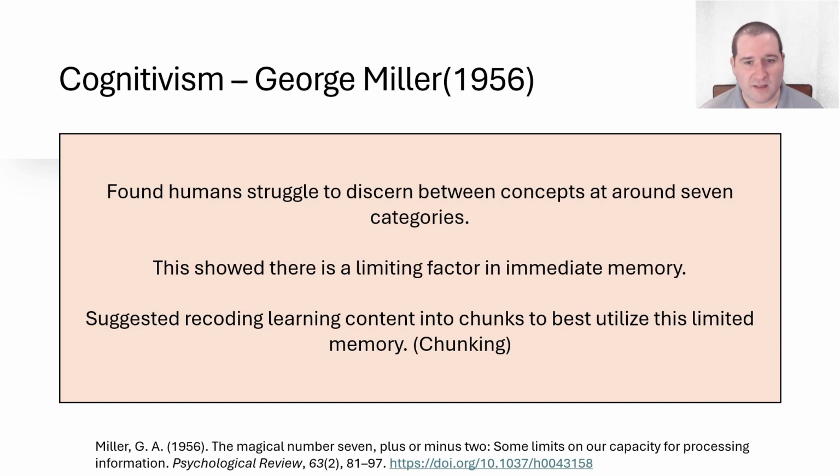Because George Miller says, hey, if we can hold this much in our working memory at a time, well, we should introduce content in chunks this big. Which makes sense. So to best utilize our limited memory, we should introduce content in small, digestible chunks so that we can learn better. Pretty cool idea there.